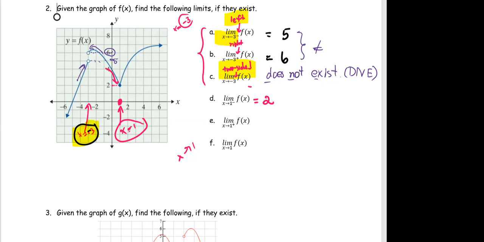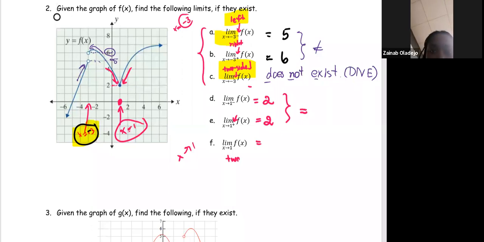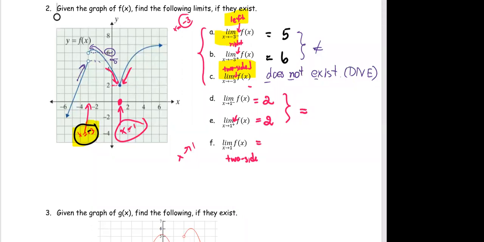Then same thing, you look at the right part of the graph because of the superscript positive sign, walking toward exactly the same number 2. Now they go to the same target. These two numbers are equal to each other. Therefore, part F, no superscript, is understood to be the two-sided limit. That means the two sides have to agree to come to the same number. In this situation, yes, they come to the same number too.